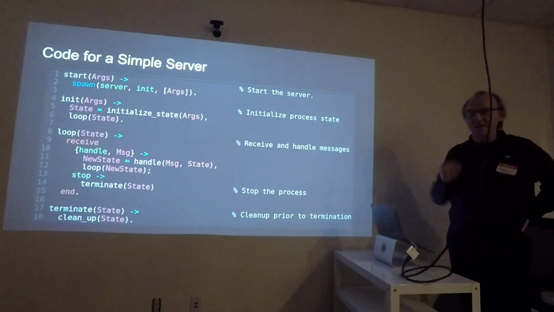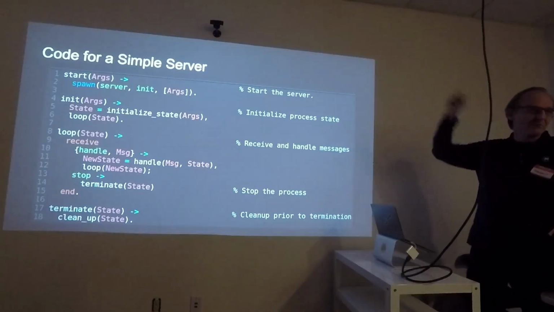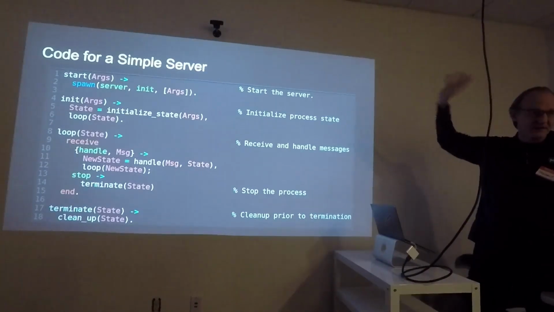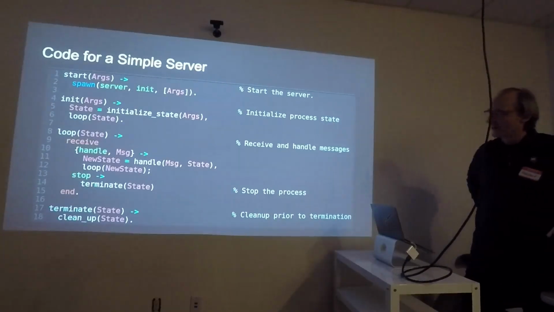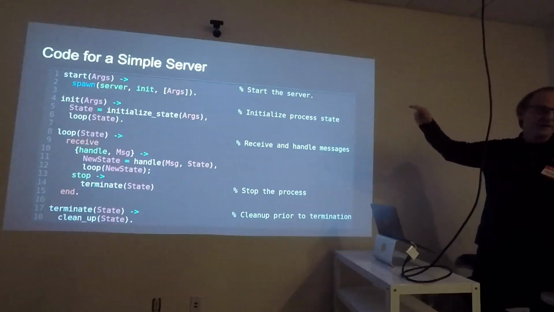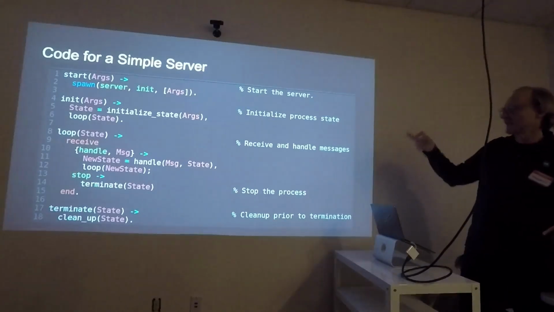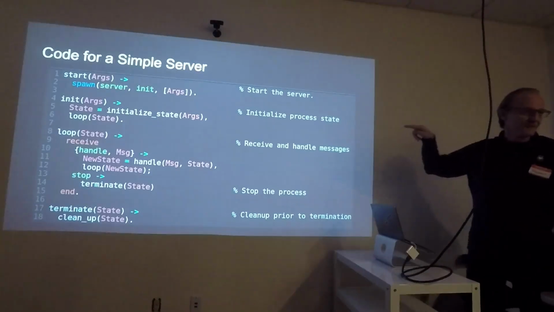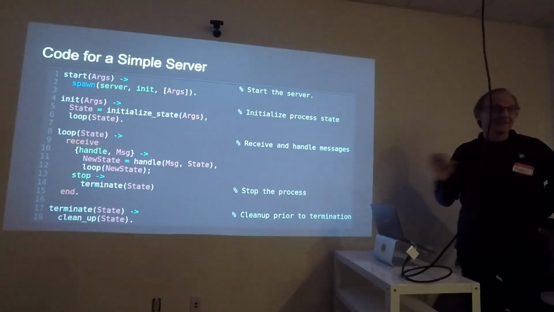So just bear that in mind. And what the start would do is spawn the server, actually start the server somehow as a separate process, and then call the init function. And you can see in line 2, there's a reference to the init function. And the period is simply the end of the statement, end of the function. So it's commas and periods, just like sentences in English.